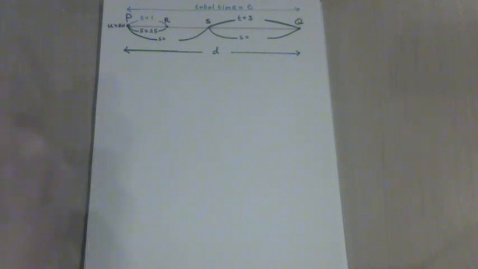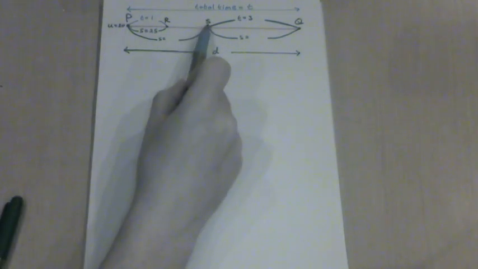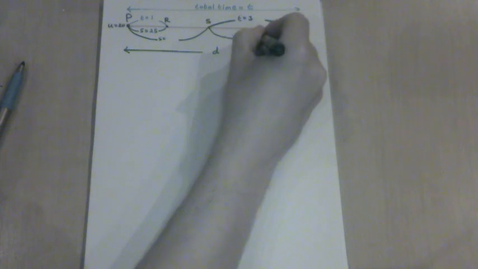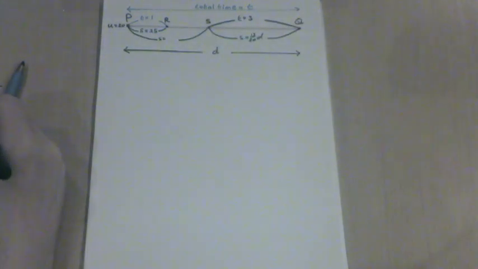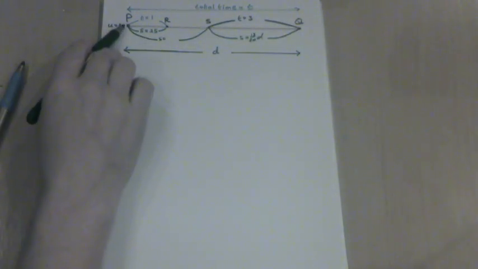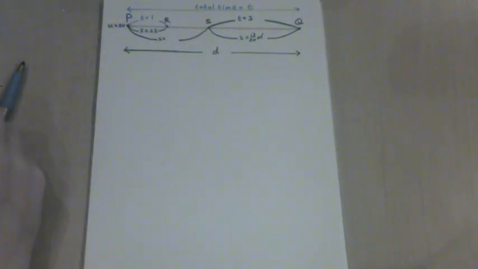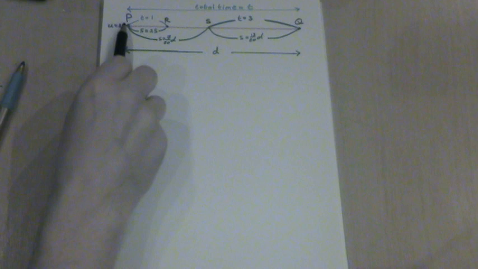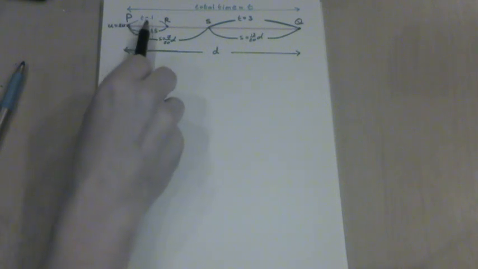In the last 3 seconds of its motion, the time taken was 3 and the distance was 13/20 of D. So if we want to travel from P to S, that distance would be 7/20 times D.